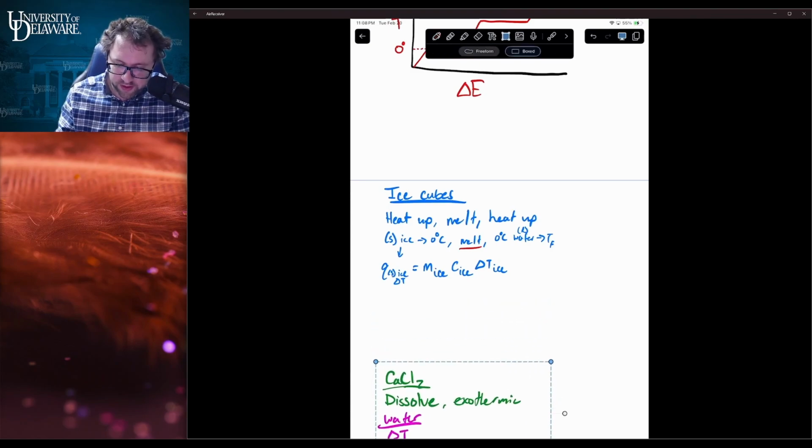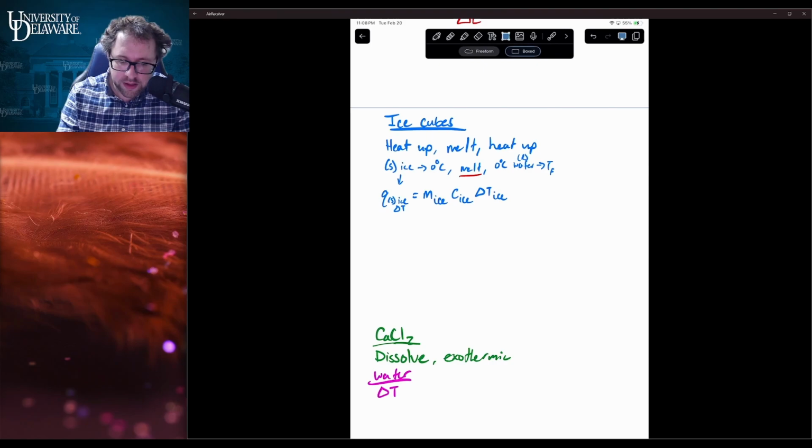We have melting. Let's get a little more space here. Give me the Q of our solid to liquid transition. And that's just going to be the amount of ice times the delta H of fusion.